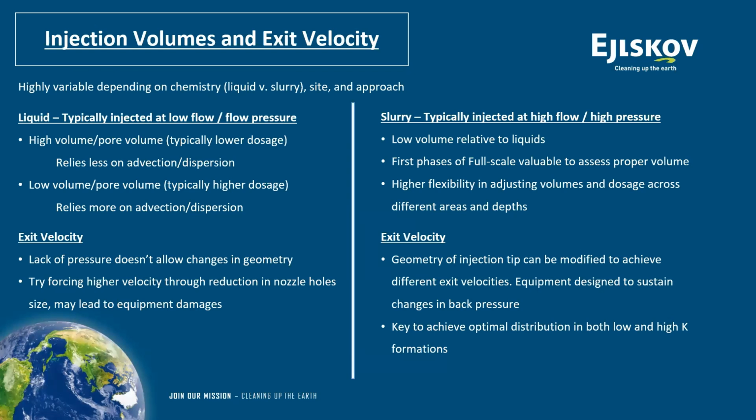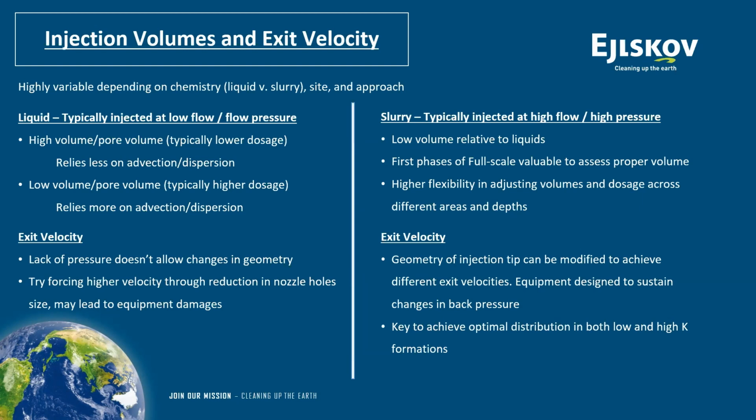I mentioned exit velocity earlier, and it's really critical for slurries, as it applies to liquids. You're really looking at low pressure. You could be injecting under 1 bar, say, and so the exit velocity is going to be very low. And so that's another reason why you really can't get into these lower K zones.